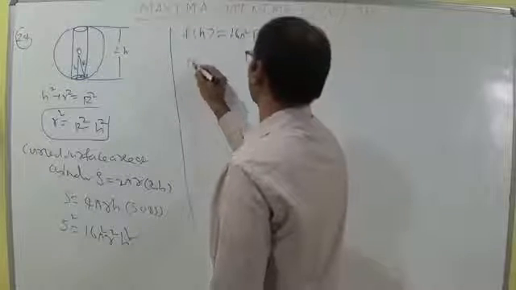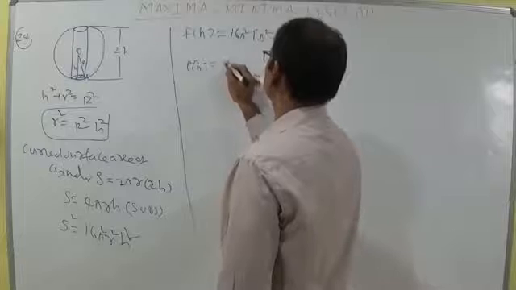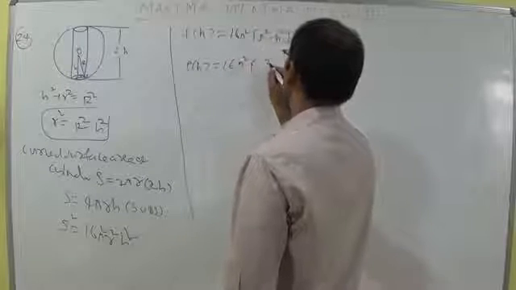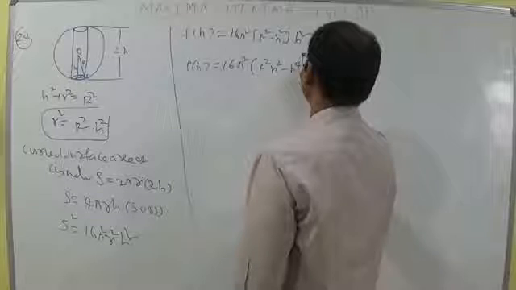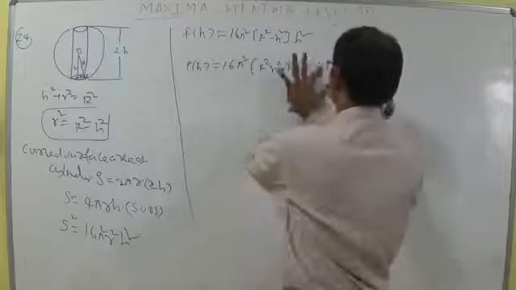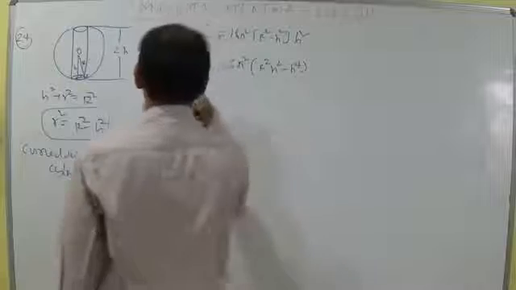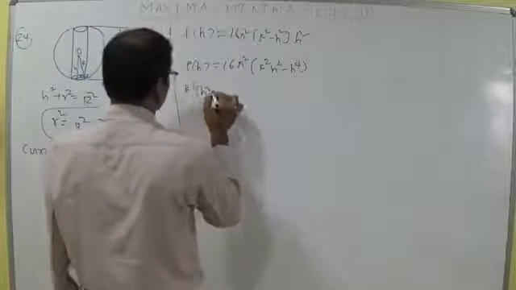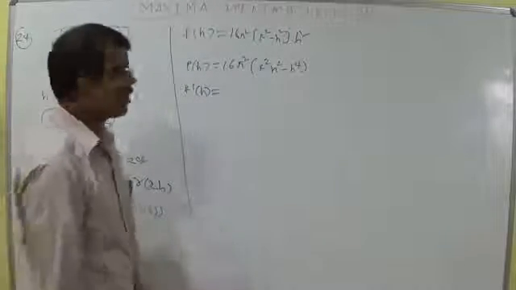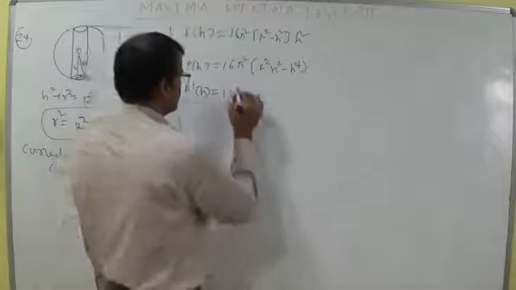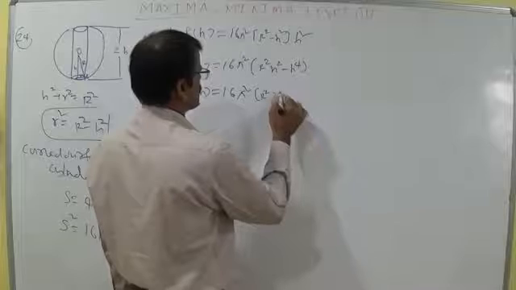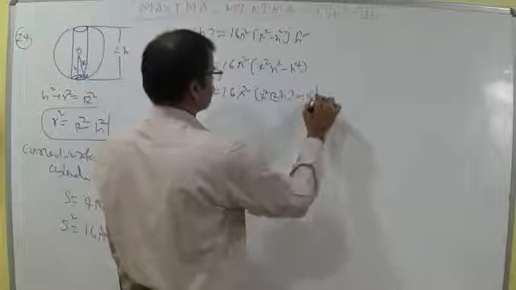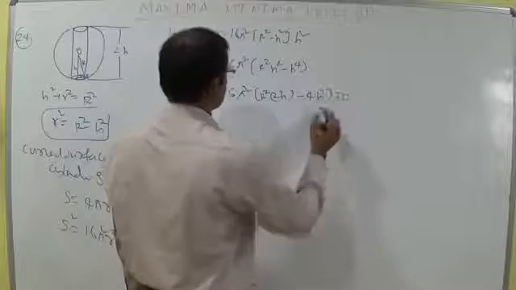So F of h is 16 pi square into capital R square h square minus h power 4. To find whether the curved surface area is minimum or maximum, differentiate: 16 pi square into R square into 2h minus 4h cube equal to 0.